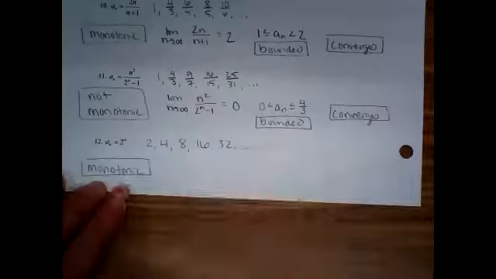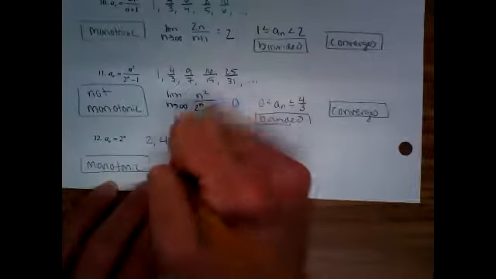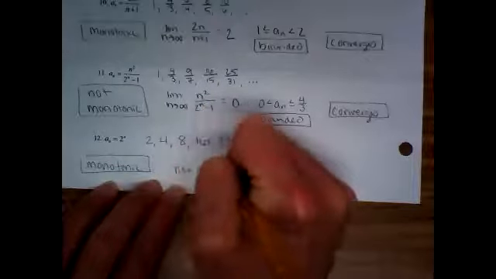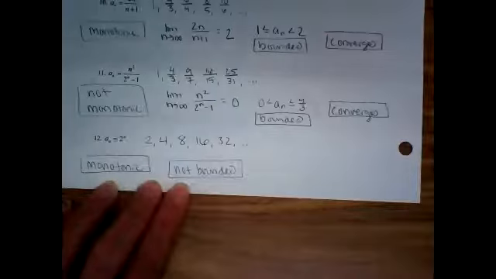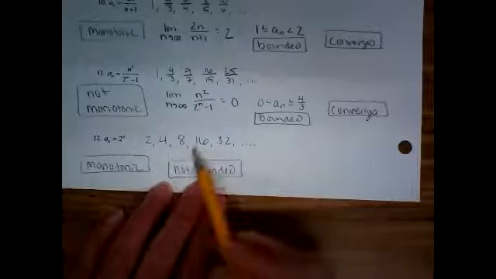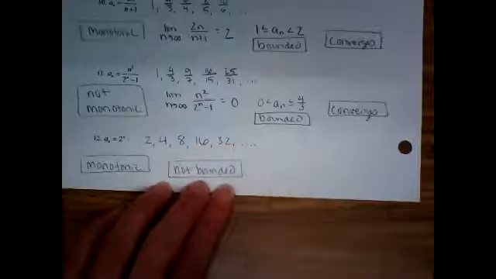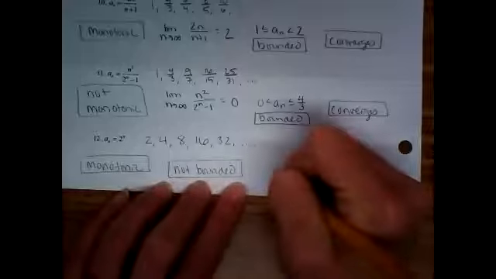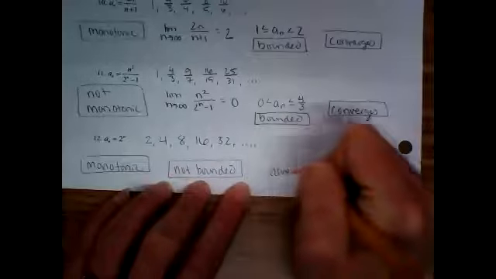Never gets smaller. Is it bounded? No. And does it converge? No, because what's happening to these numbers? Yeah, they're just going to keep on getting larger and larger and larger. So it diverges.